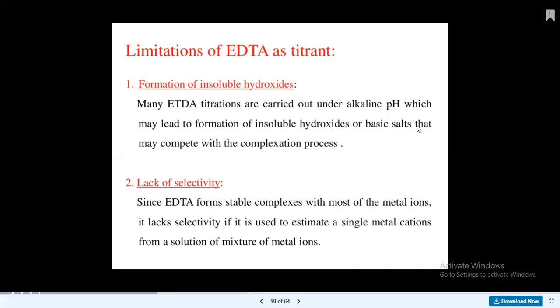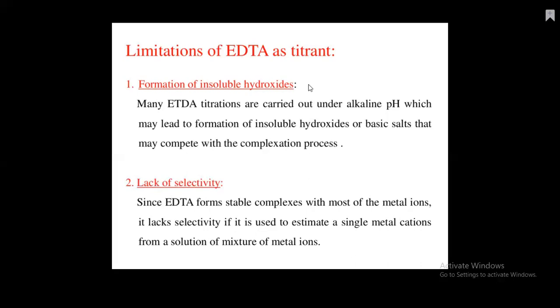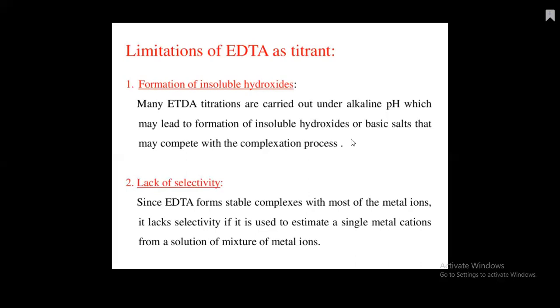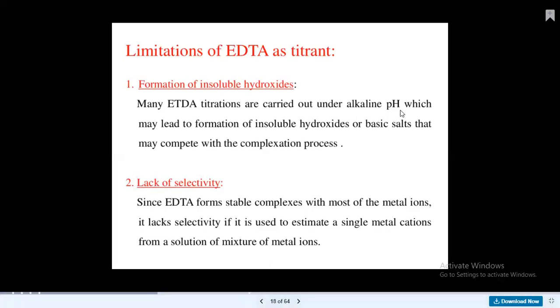Because we want to maintain the pH throughout the reaction, throughout the analysis, we add ammonia solution or ammonia buffer in the complexometric titration. And what is the function of this ammonia buffer? Ammonia buffer, as such, is a buffer. It maintains the pH of the solution towards the alkaline side.